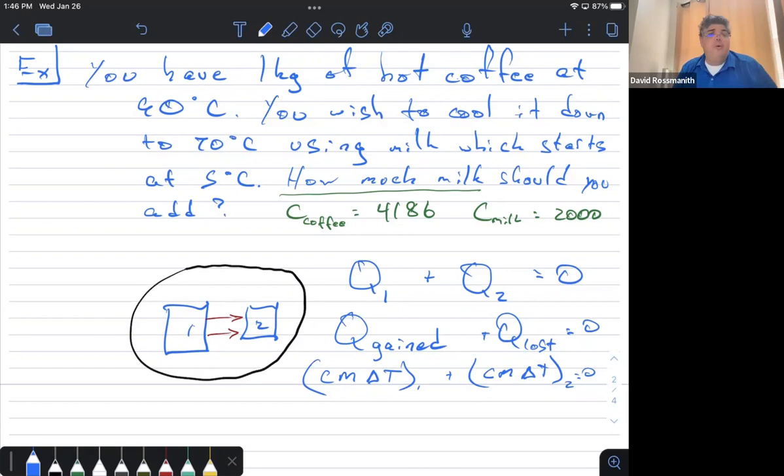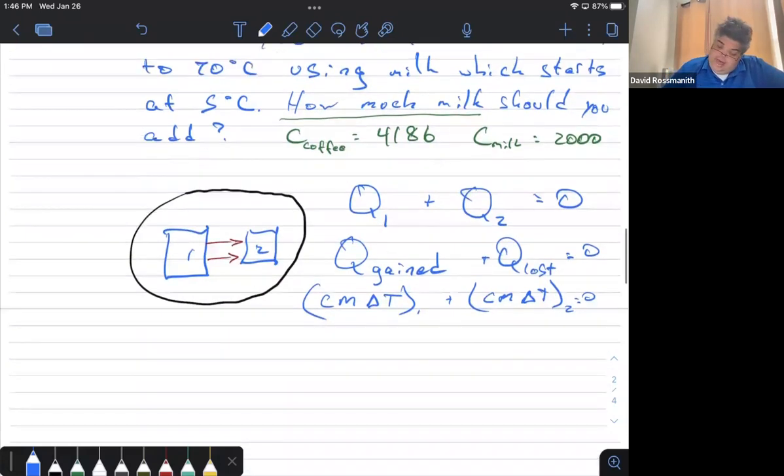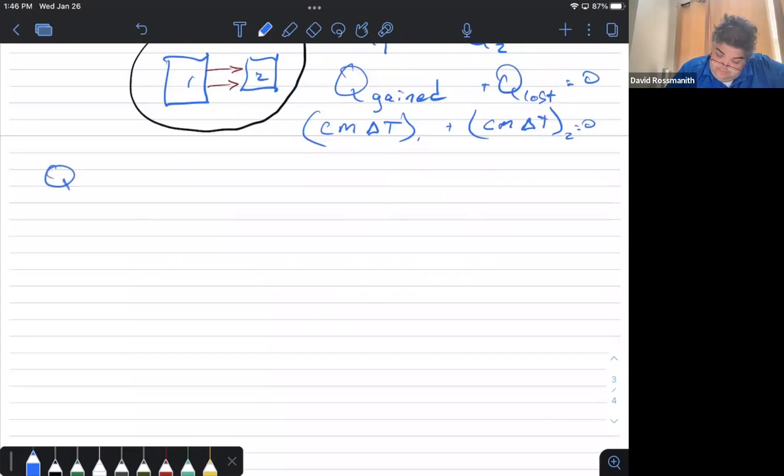Okay, so that's what we're going to do for this question. So let's try it out. In this case, we're going to say we have Q for the coffee. So that's how much heat the coffee is going to give away because it's too hot. It's going to lose energy to the milk. How much?